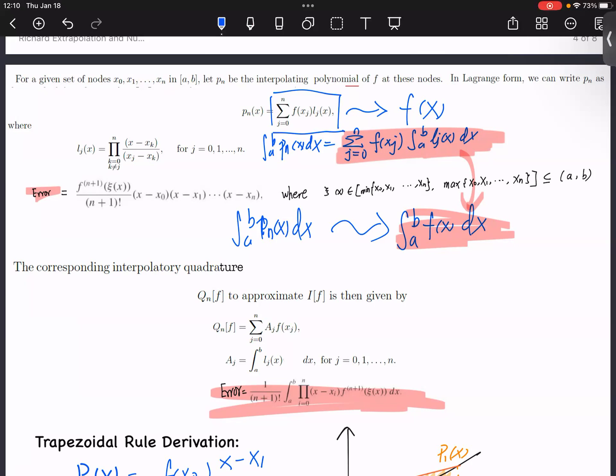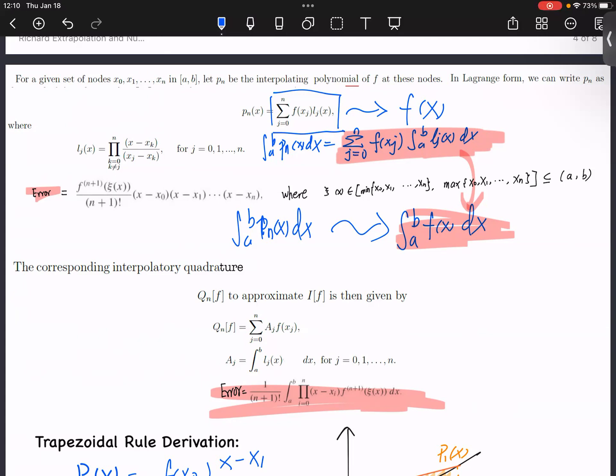Which means that we are using the 0 here, so we have x0 here, and then minus x1 because we cannot let k be 0. And this is the L0(x) when we have only 2 nodal points. Does it make sense?